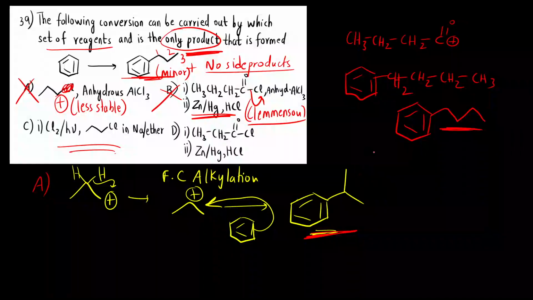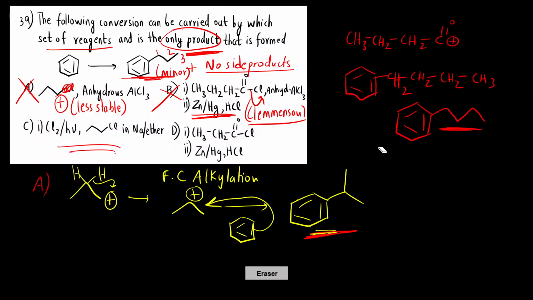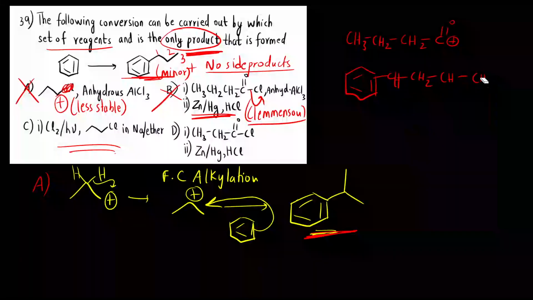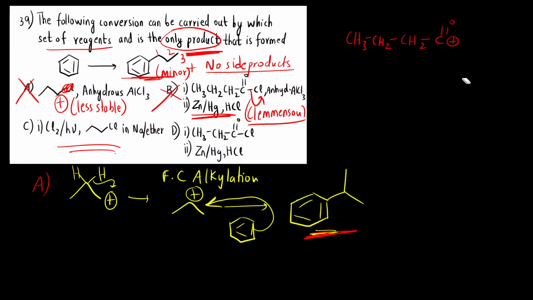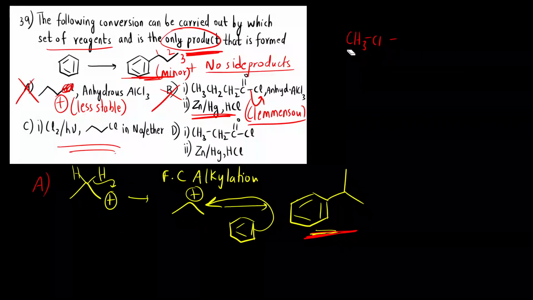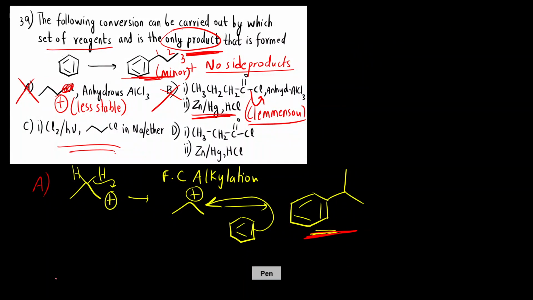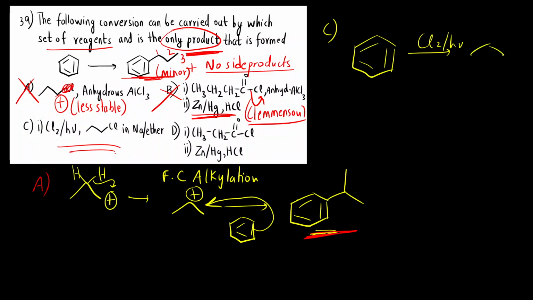C, okay, C if we see, option C, first is Cl2 and H nu. So benzene, in presence of Cl2 and H nu, it will form what?